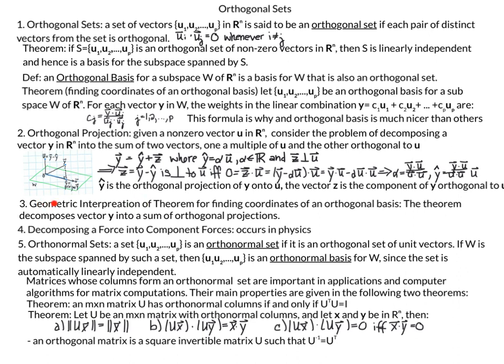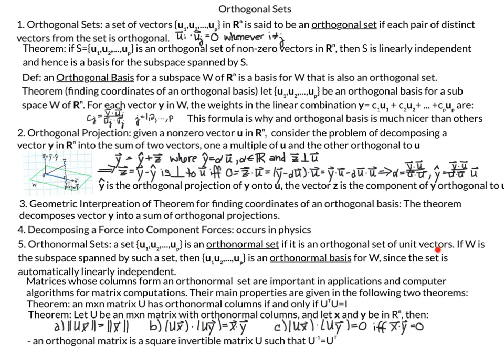And that is essentially the geometric interpretation of this theorem up here for finding coordinates of an orthogonal basis: when we find these coordinates, we decompose the vector y into a sum of orthogonal projections.